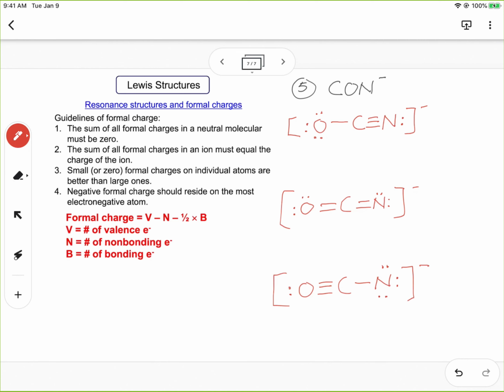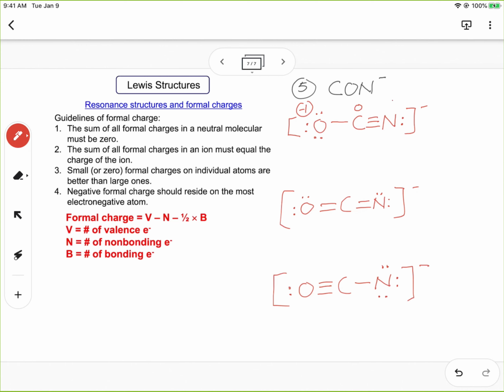Now, if you calculate the formal charge, okay, you can use the 2 rules to help us decide which one is the best. Okay, I'll label the formal charge on those 3 atoms directly, and you do the calculation of the formal charge by yourself. If you have any questions, you let me know. For this oxygen, -1. For this carbon, 0.